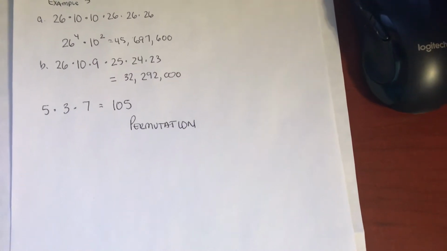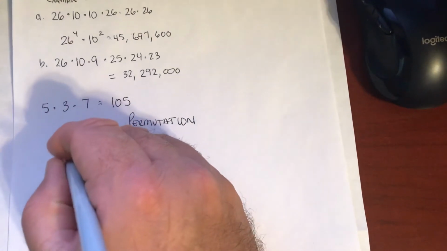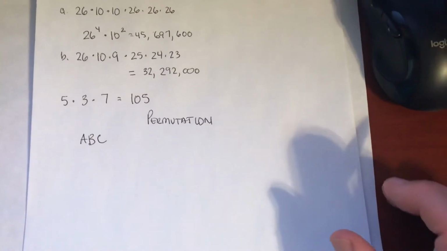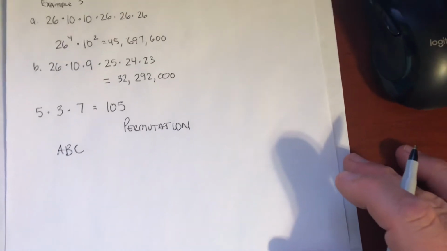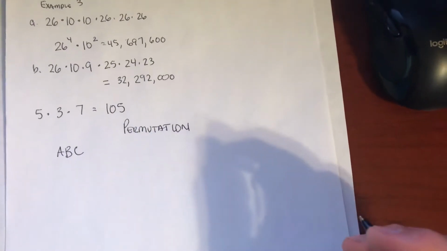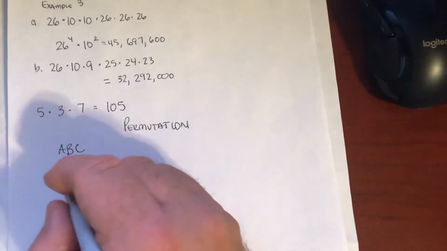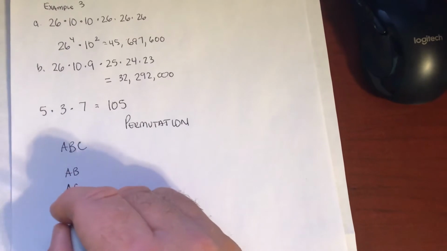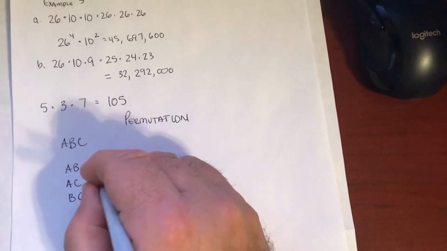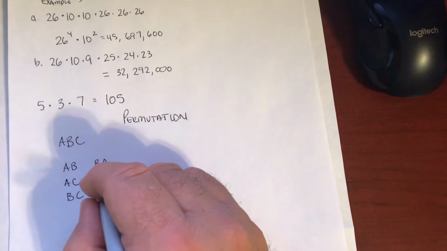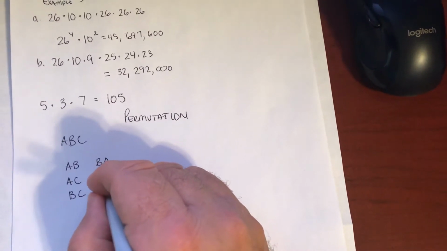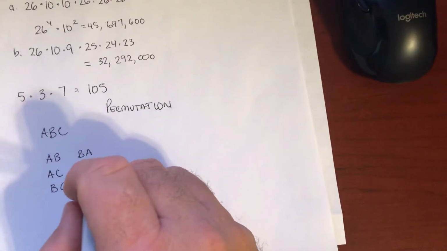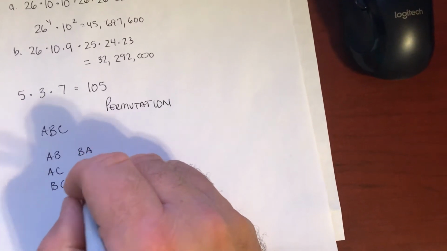For example, let's say I have 3 letters of the alphabet, A, B, and C, and I want to figure out how many different ways I can order two of these letters. I can have AB, I can have AC, I can have BC, I can have BA, and I can have, excuse me, CA.